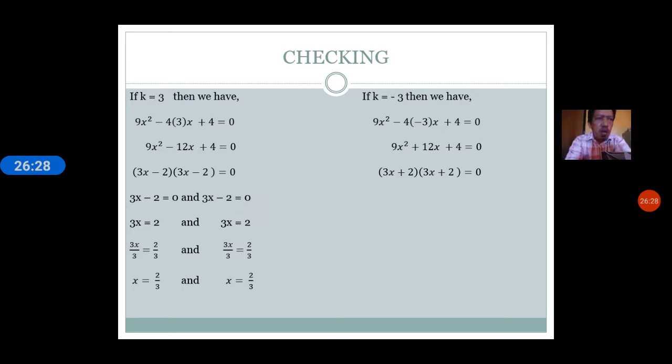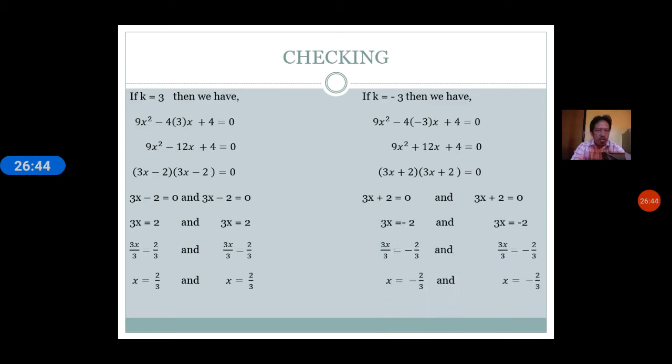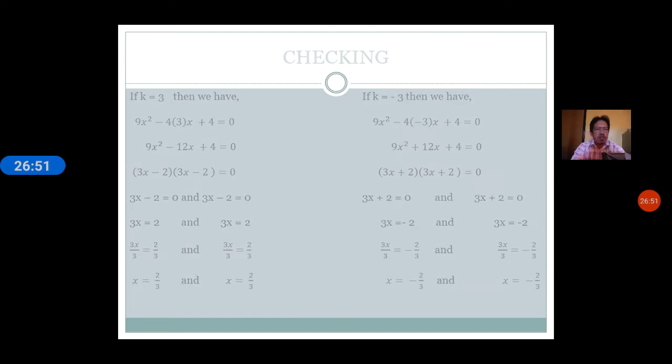So the factor is 3x plus 2 quantity squared, or 3x plus 2 times 3x plus 2 is equal to 0. Then solving for x, we have x is equal to negative 2 over 3, and the other one is x is equal to negative 2 over 3.